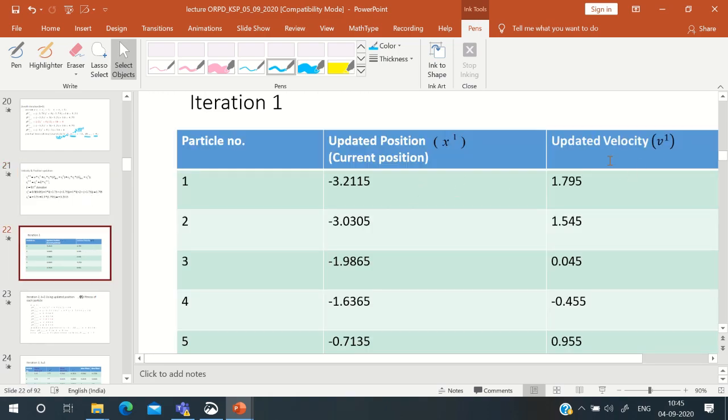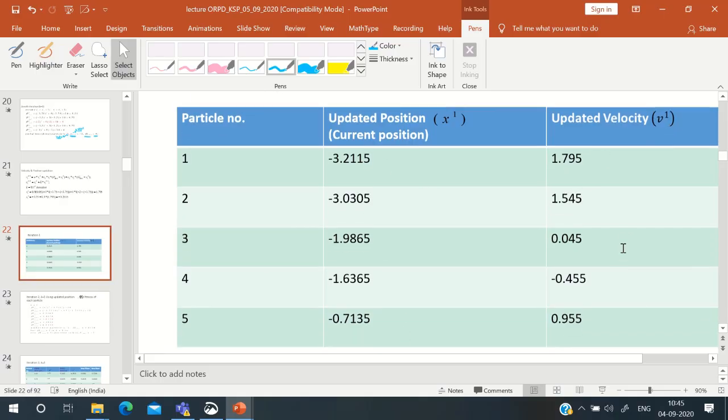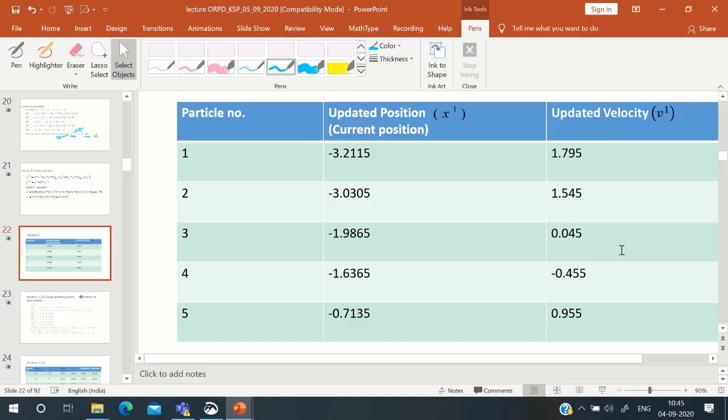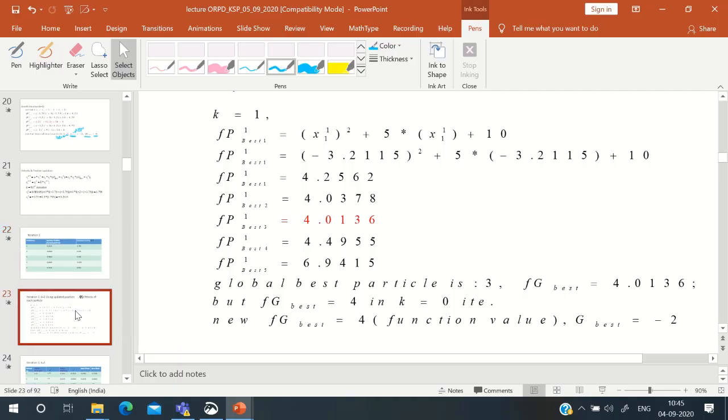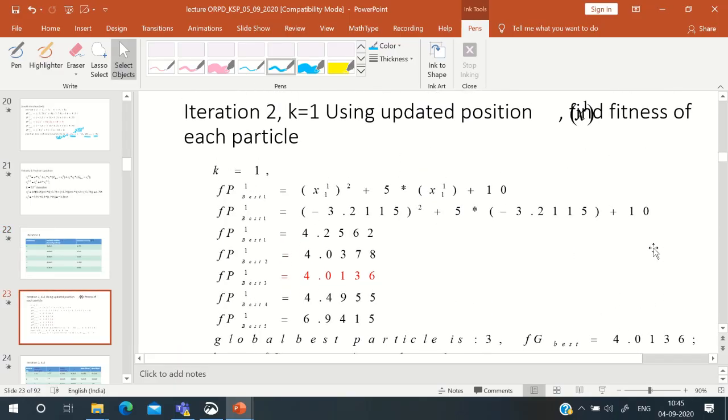And the updated velocity, v superscript 1, for every particle, tabulated like this. Now, using these updated x values, obtain the function values. Now the procedure gets repeated.